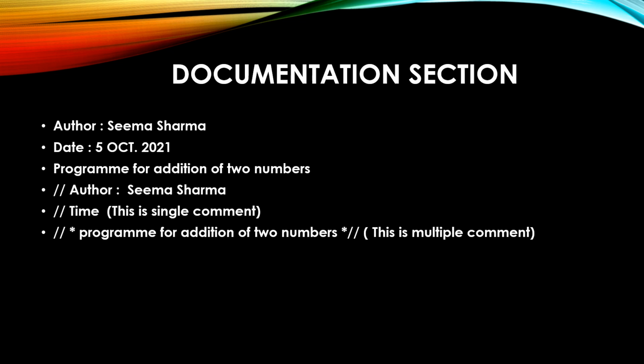In the fourth line, you can see before author I wrote two slashes. If you put two forward slashes right before the author, then this is a single line comment in C language. The meaning is that this line will be ignored by the compiler.